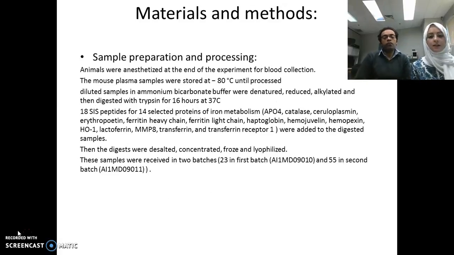The next slide shows sample preparation and processing. Animals were anesthetized at the end of the experiment for blood collection.